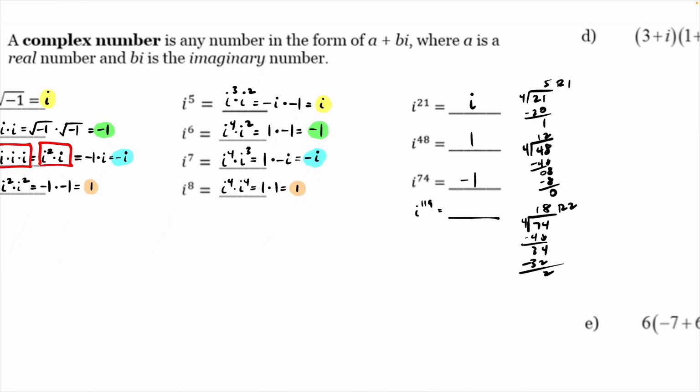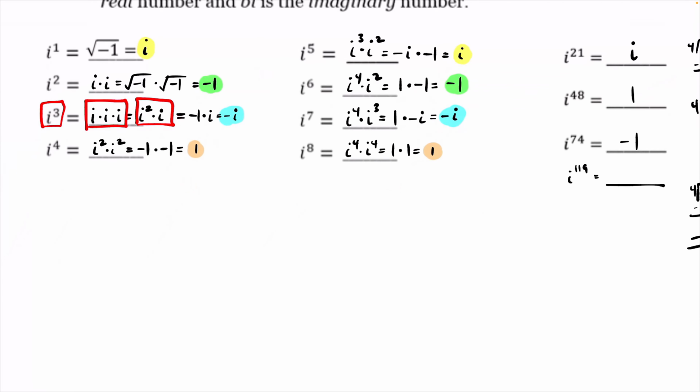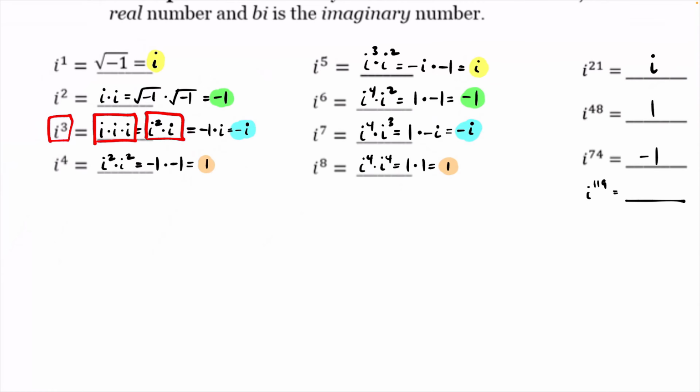So let's write down our rule here. Again, these are my words, not your words, so if your words make more sense to you, write it down differently. But this is how it makes sense to me. The first thing you're going to do is divide the exponent by 4.